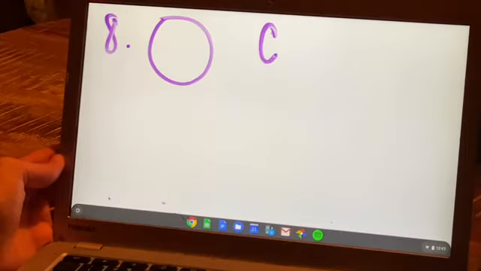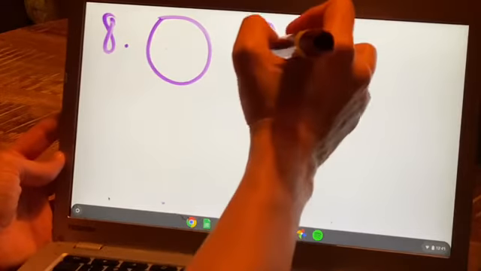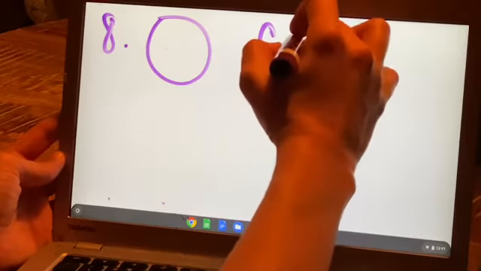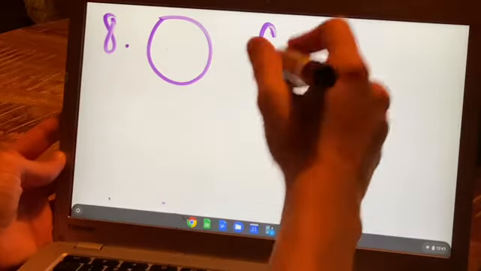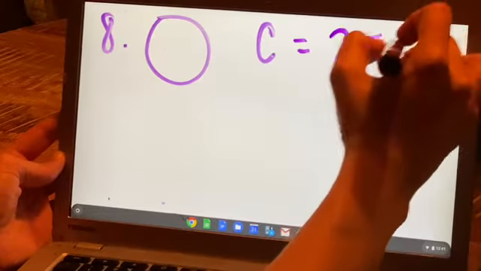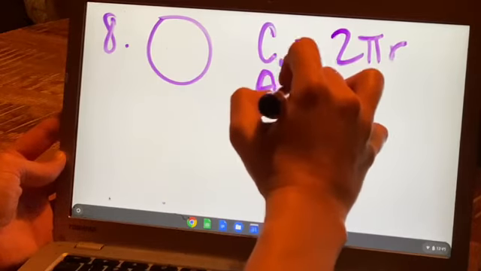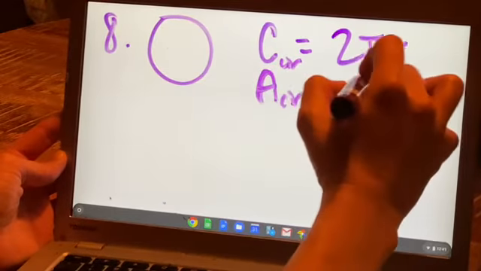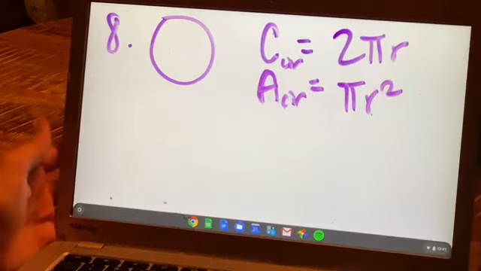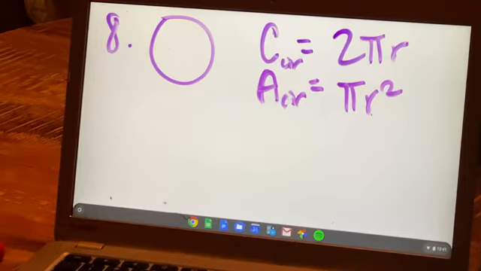I don't remember. Okay, guys, so just in case we didn't, remember that for a circle, we solve for circumference, which is 2 pi r. And then the area of a circle, which we're not doing in this problem, is pi r squared. So maybe make sure you add that back on your formula sheet.